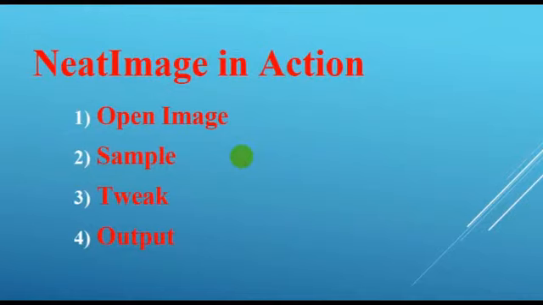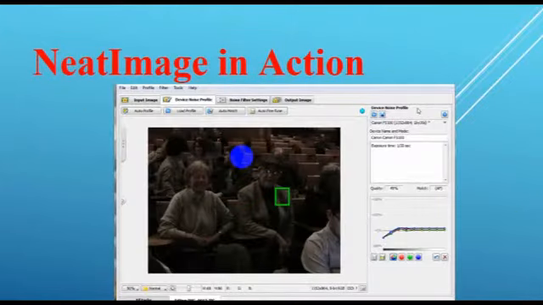So NeatImage in action. You first open an image. You take a sample of an area that is representing a problem area. You tweak it, and then you have an output. All right, this is what the screen looks like. This was a picture at Princeton, and the first thing I did was to open it up.